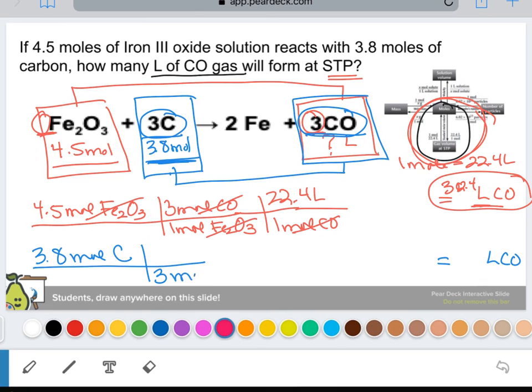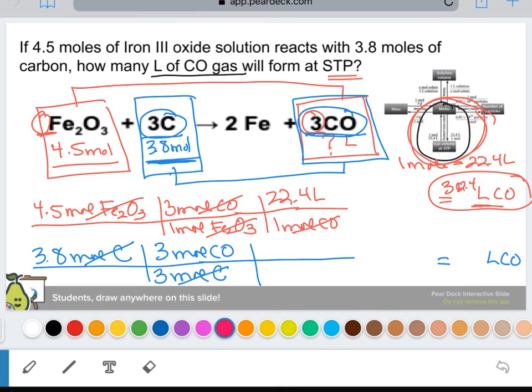So I put the moles of carbon on the bottom, so it cancels, and I have 3 moles. And you don't need to reduce it, but you're going to leave it just like that. So my moles of carbon and moles of carbon cancel.